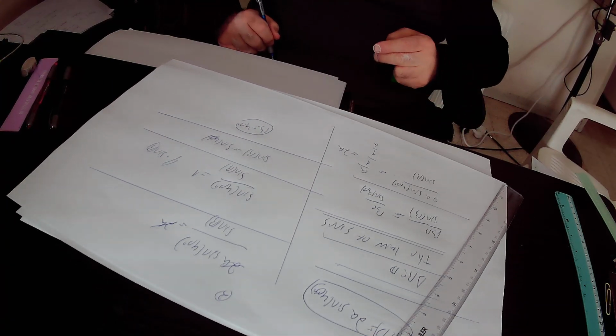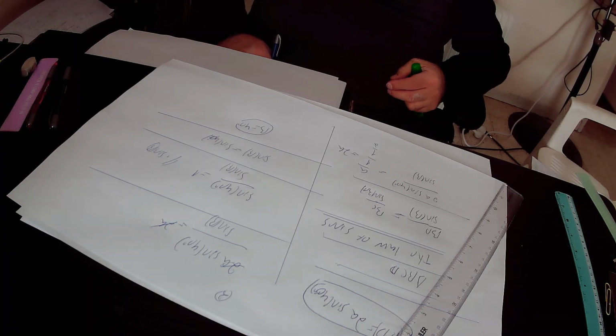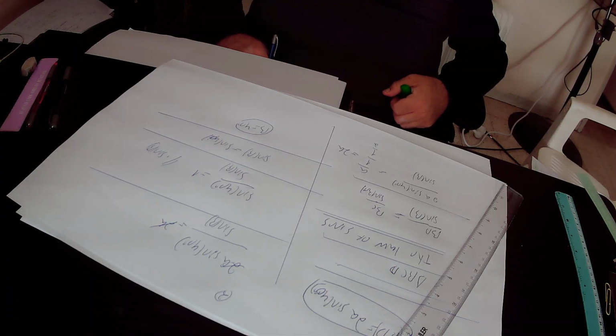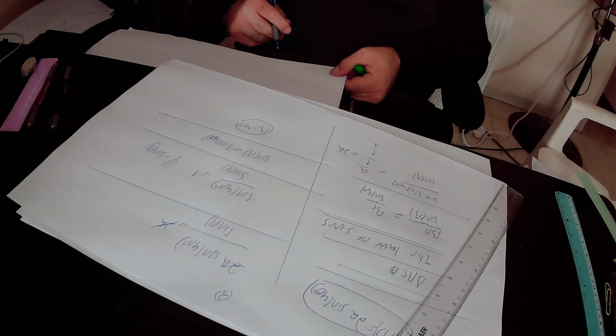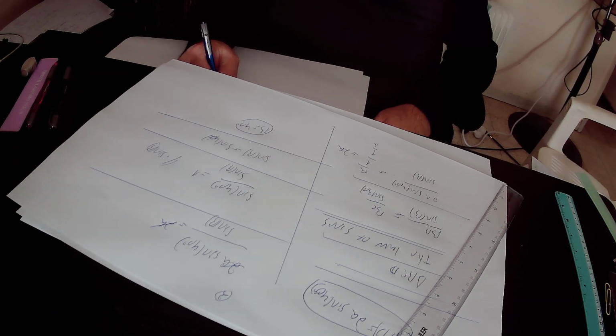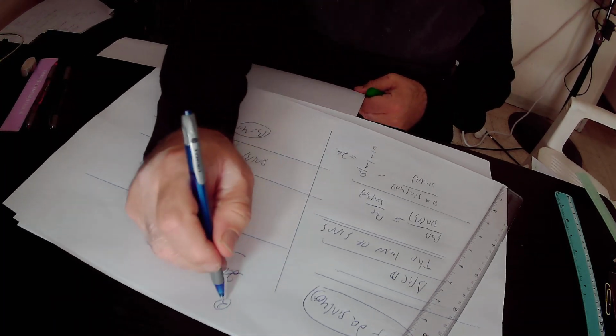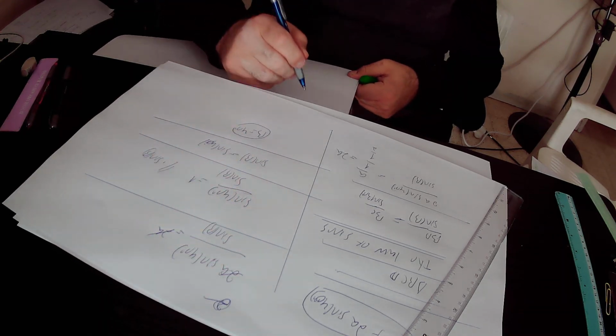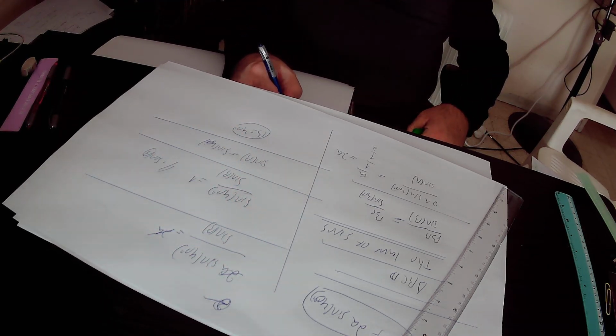But we have another solution for beta. According to the following trigonometric identity, sine alpha equals sine 180 degrees minus alpha.